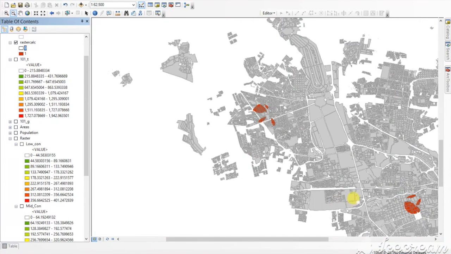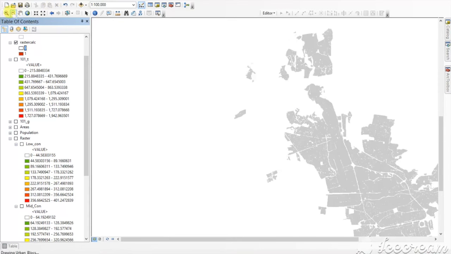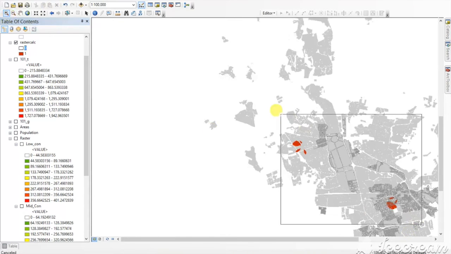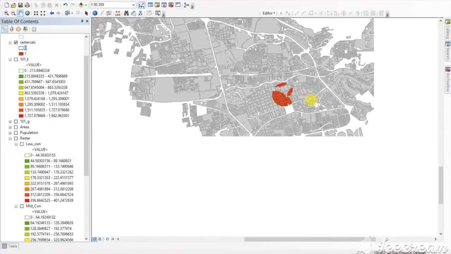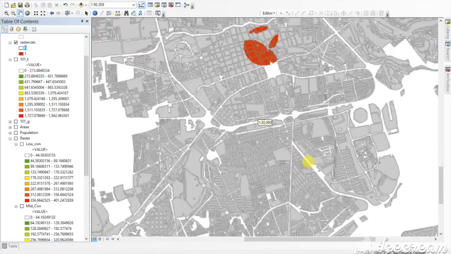So right now we can see polygons that isolate those higher values. Once again, this area is popping out. Okay? So for the first tutorial, that's about where we're gonna end it.